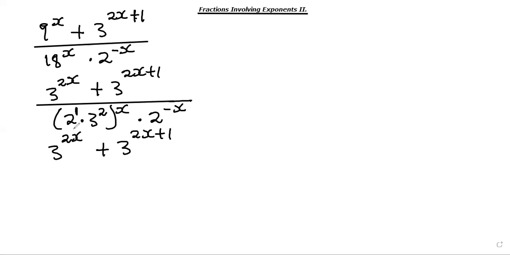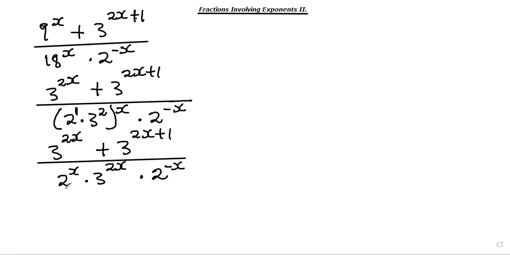Then we go to the denominator. We say it's going to be 2 to the x times 3 to the 2x. And then we still say times 2 to the negative x.